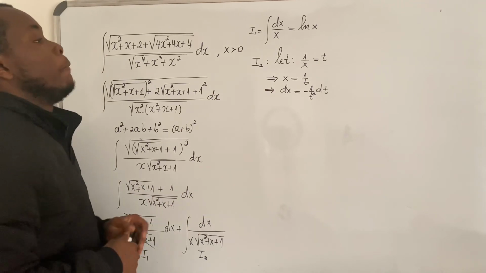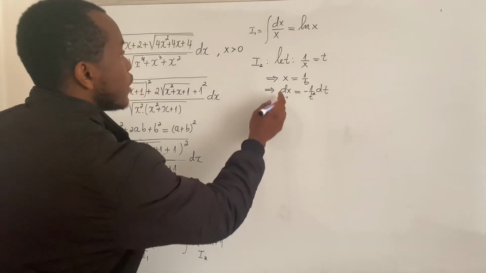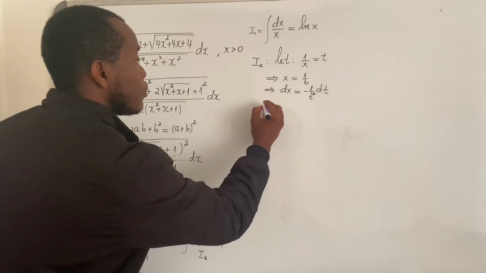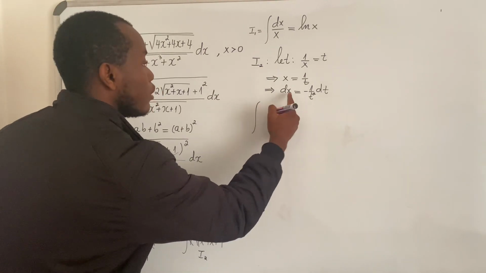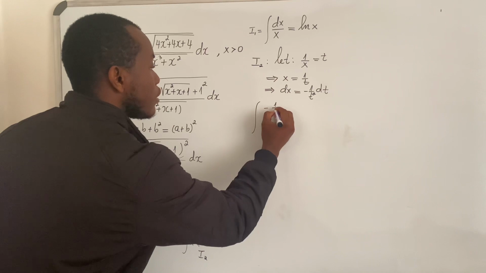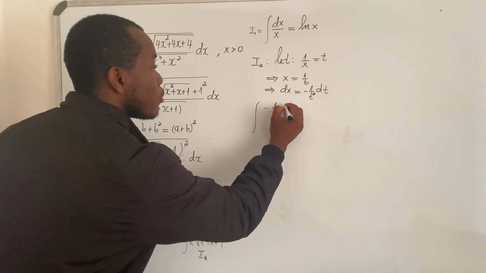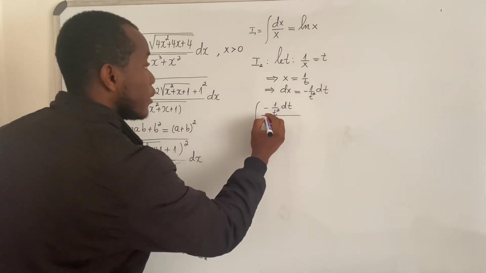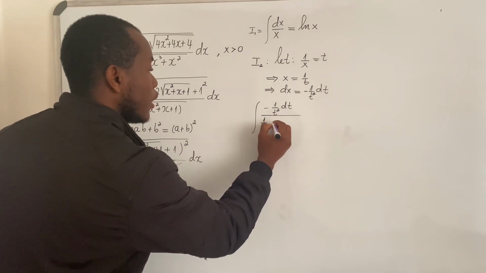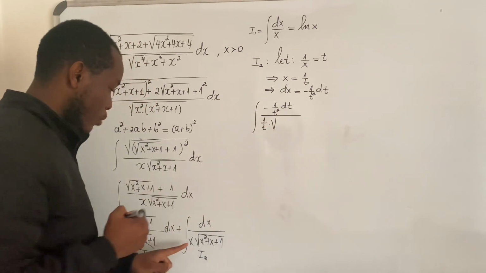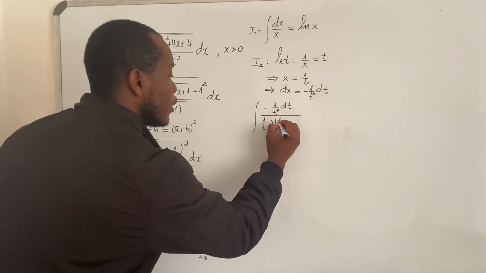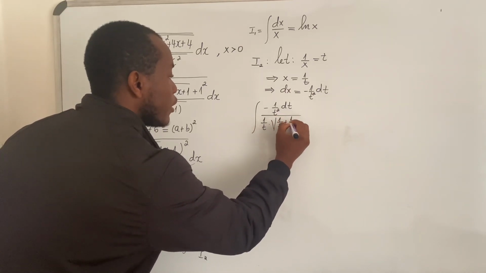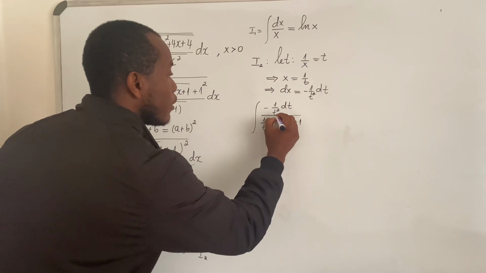Okay, so if we substitute back here in our integral 2, we're going to have integral, where there is dx, it's minus 1 over t squared dt, over, where there is x outside, we can put 1 over t, times, where there is x, we're going to have 1 over t squared plus 1 over t plus 1.